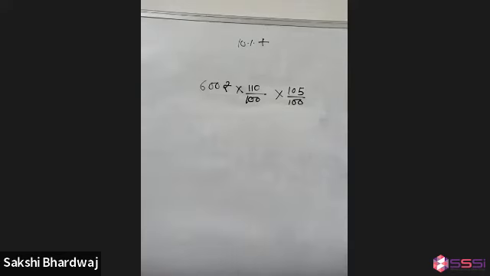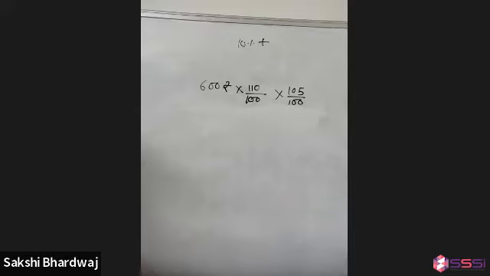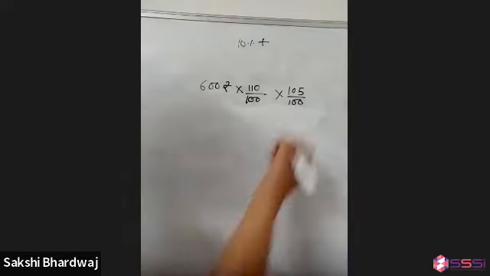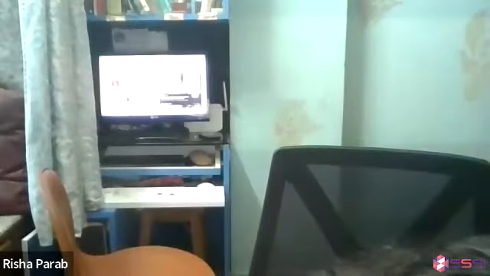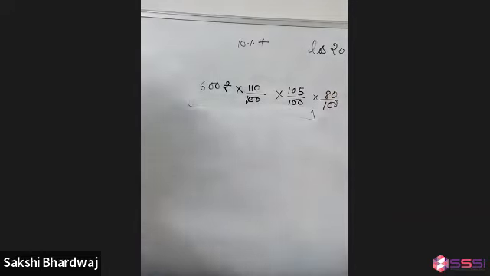Next is Chandan sells it to Dinesh at a loss of 20%. That means whatever amount was going on, 80 upon 100. Done. Question is done.